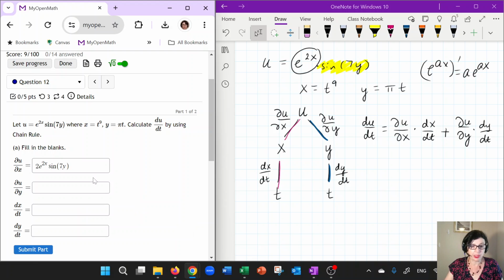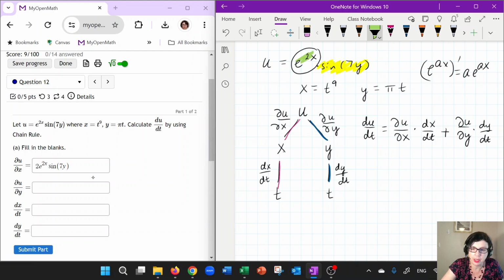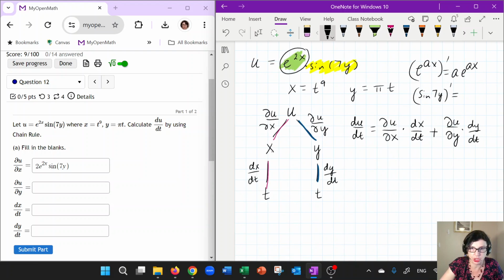Okay, now let's take the derivative with respect to y. Now e to the 2x is a number. This part right here is fixed, and it's a constant multiple, so we keep it. Now what about the derivative of sine of 7y? The derivative of sine is cosine, but is it going to be cosine of 7y or just y?